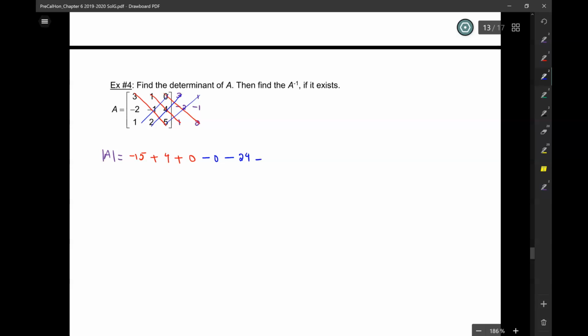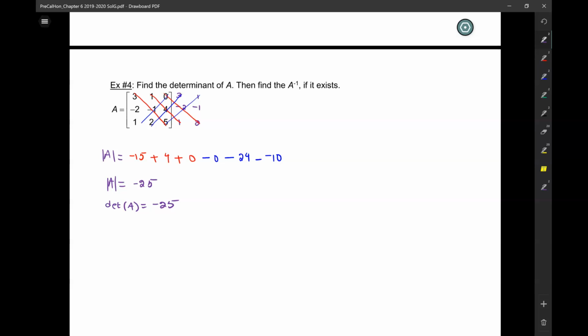Minus, go to the diagonal: negative 10. Then we add all this, and we get negative 25. You can say determinant of A is negative 25.